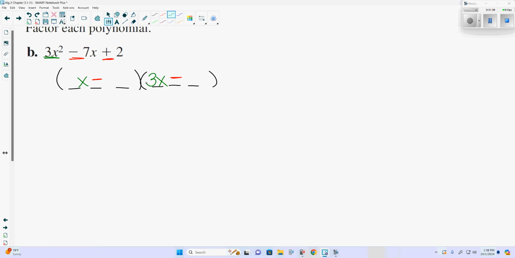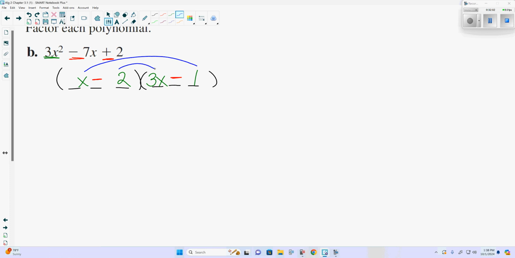Now we could write the first one as 1x, or we can just write it as x, because 1x and x are the same thing. Factors of 2 are 2 and 1, 1 and 2. We only have one set, so let's just plug them in. Where do you want to put the 1? Where do you want to put the 2? 2 in the first, 1 in the second.